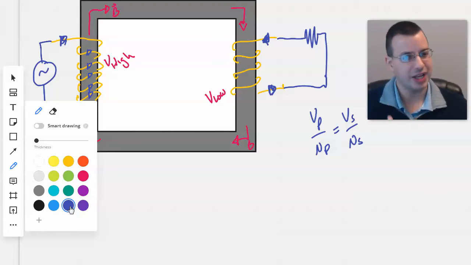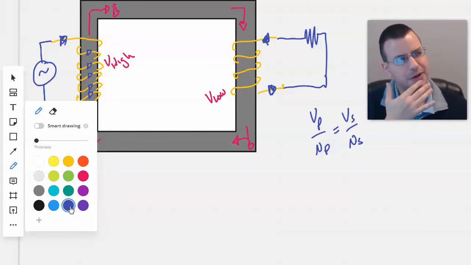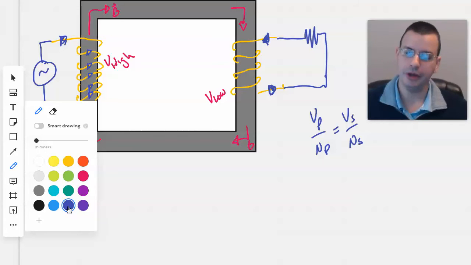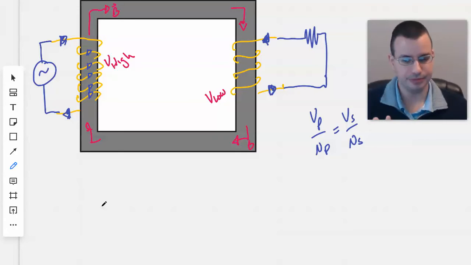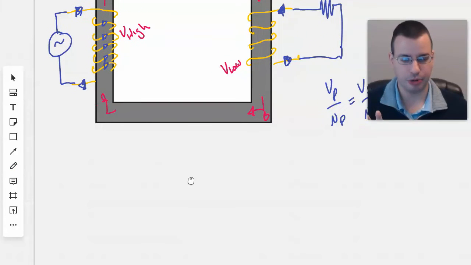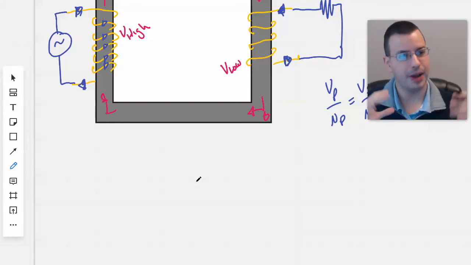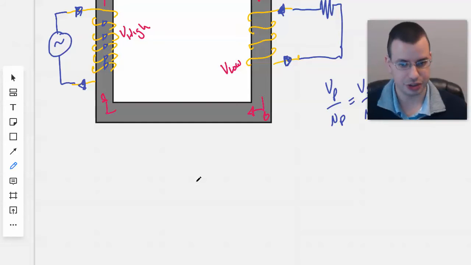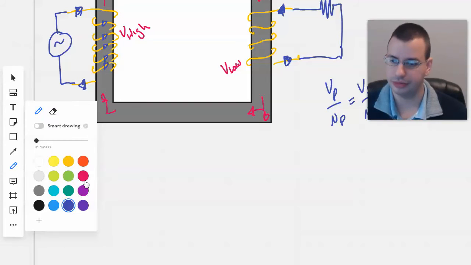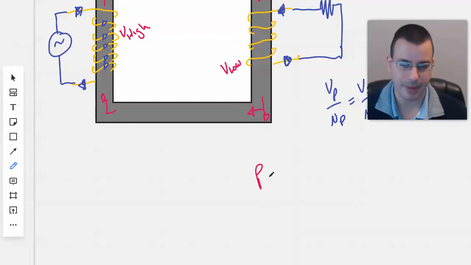And the reason for that is dielectric breakdown? I assume that's the reason. So the reason you want to transport power at high voltages: if you remember your equation for power, we have power equals IV.